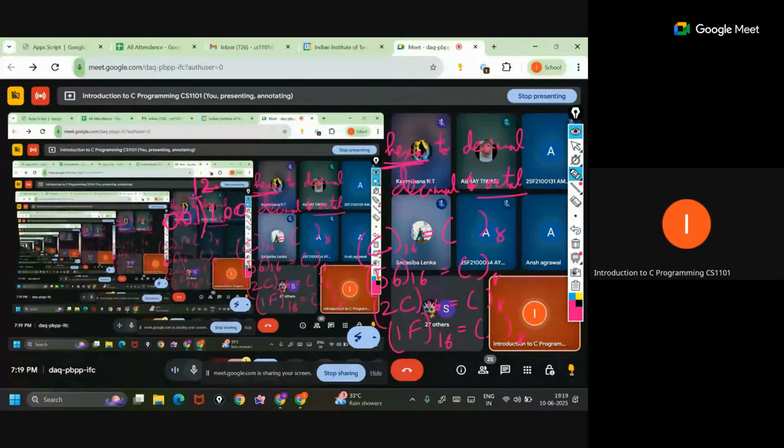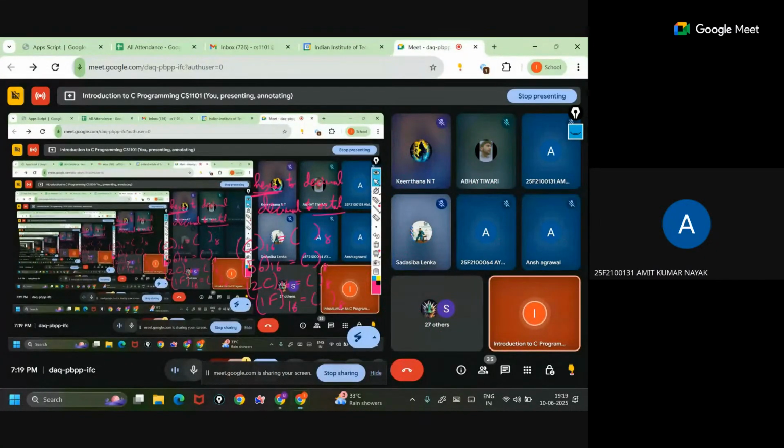Sorry, I'm converting it to octal, not binary. To convert to octal, what I have to do is divide it by 8. So we get 1 and 4, right? So this is the answer, right?